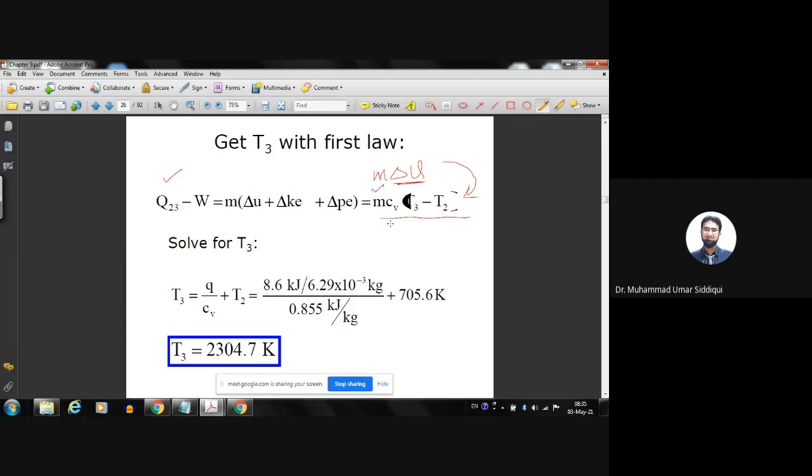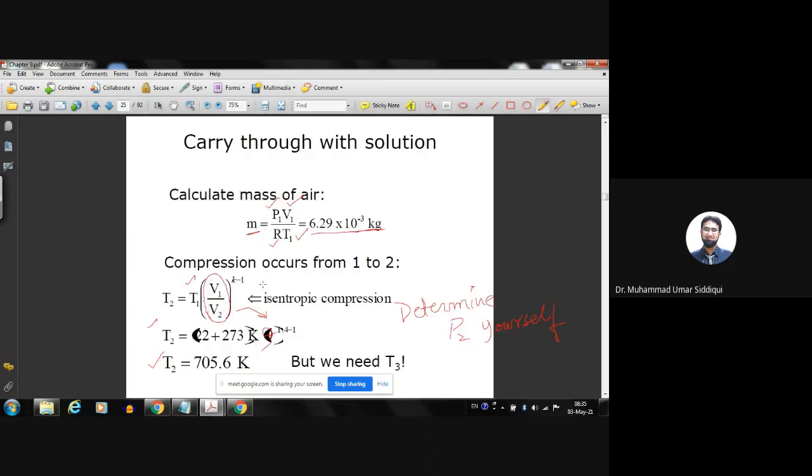The Cv value we can get from table A2 for air. We already know T2, so we can determine T3. If you just substitute the values, you're going to get the value of T3.